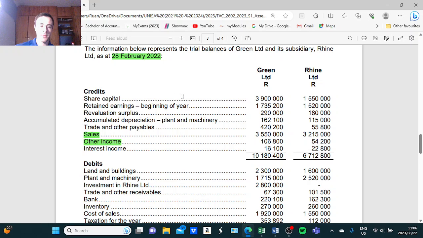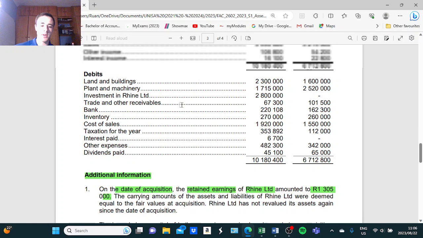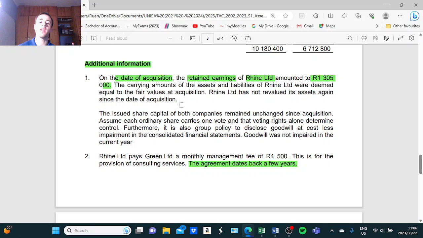According to additional information point 1, the subsidiary has not revalued its assets since the date of acquisition. This means that the RVS balance at year end, which is 180,000, is the same as the balance at acquisition.